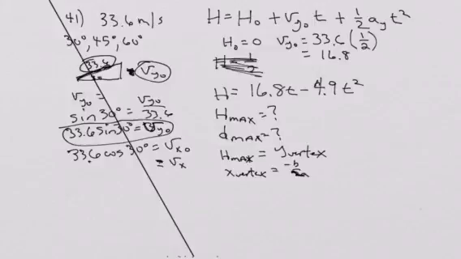Here 16.8 is my b, that's my middle term, and negative 4.9 is a. So I get negative 16.8, my b coefficient, over 2 times negative 4.9, and that's negative 9.8.